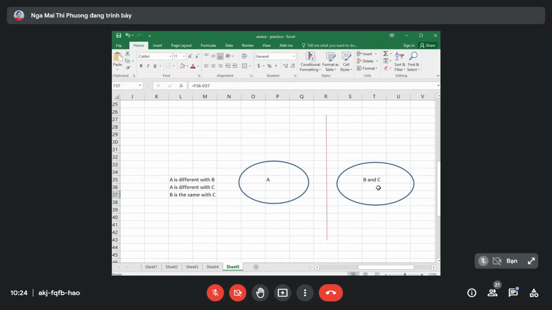From the calculations, what is our final conclusion? The second conclusion is B and C are not different, and A is different from B, A is different from C. So what is the final conclusion? Which feed is the best?